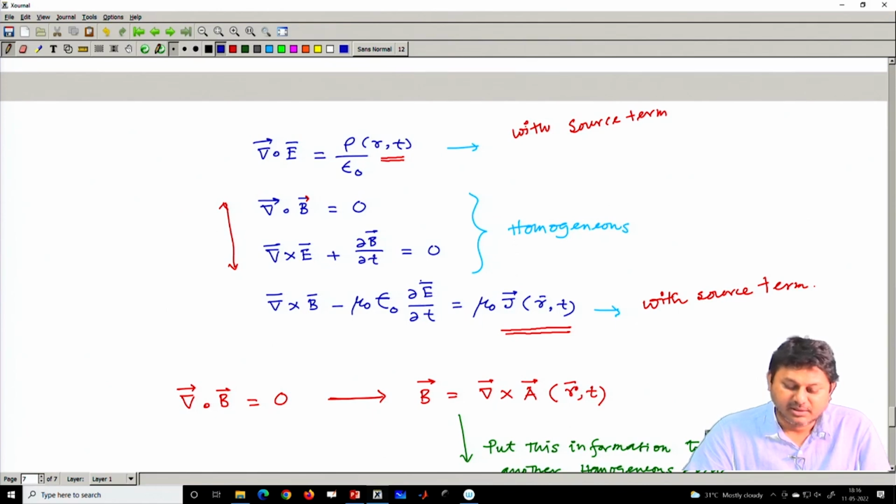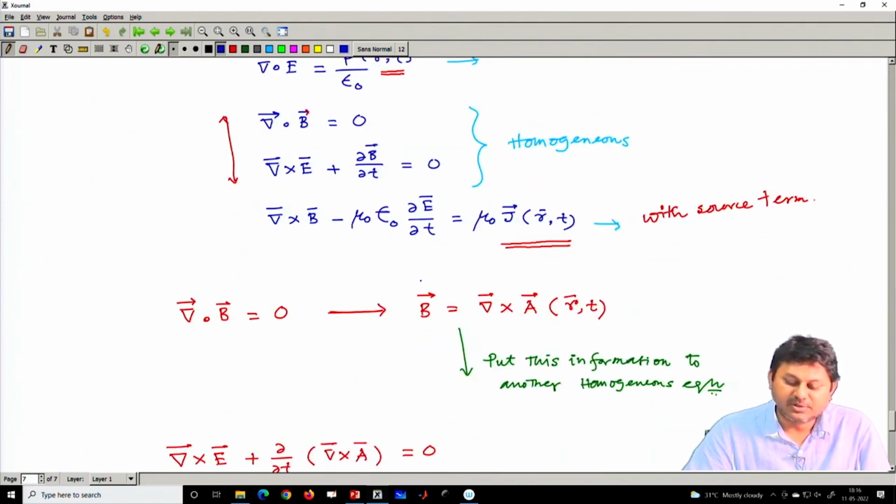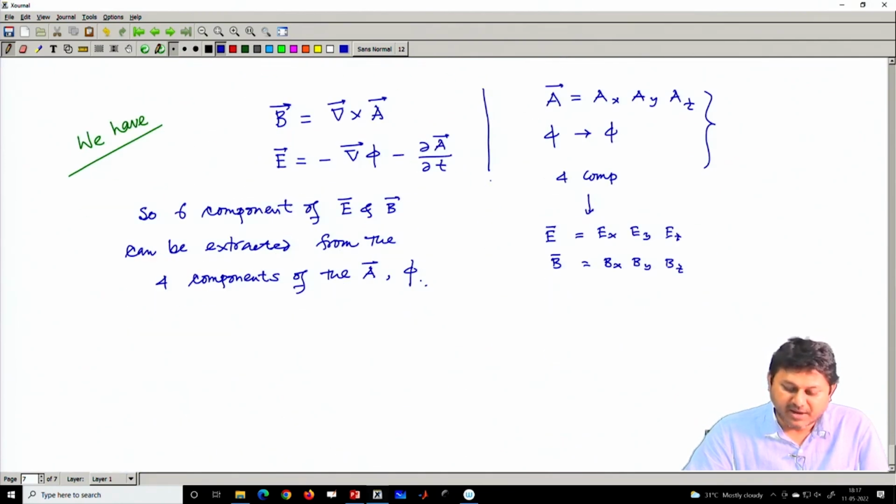Now, we exhausted the information of the 2 homogeneous equations, divergence of B equal to 0 and curl of E plus del B del t equal to 0. After taking the information out of these, we find that B is equal to curl of A and E is equal to minus gradient of phi minus the time derivative of the vector potential A.